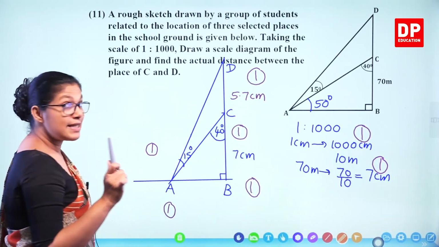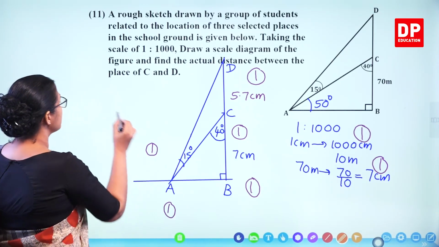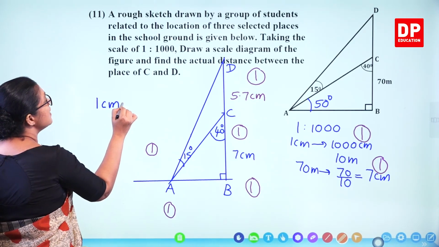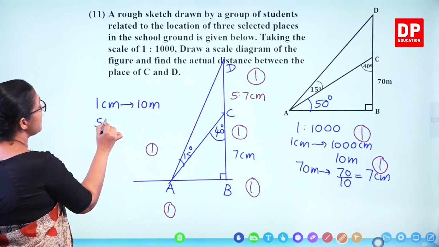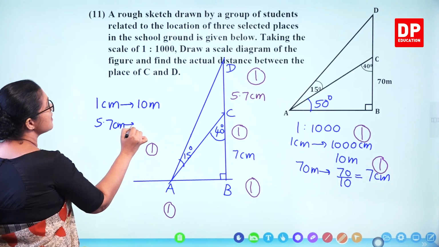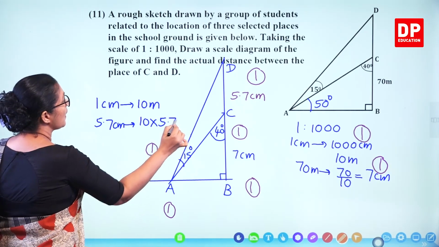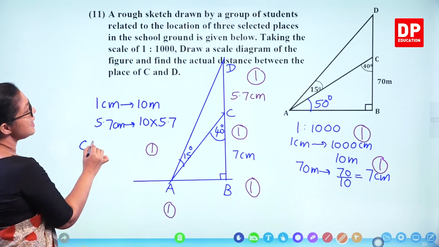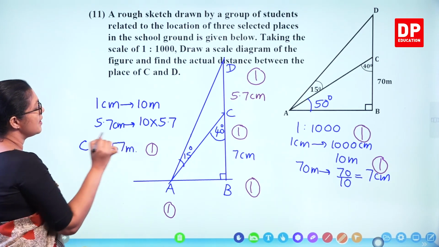What's the actual distance? 1 centimeter represents 10 meters. So, what about 5.7 centimeters? Multiply by 10. So, you get CD distance is 57 meters.